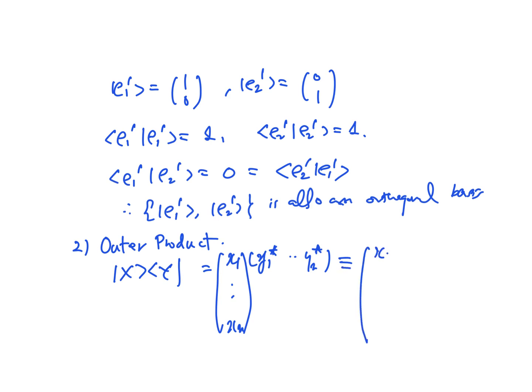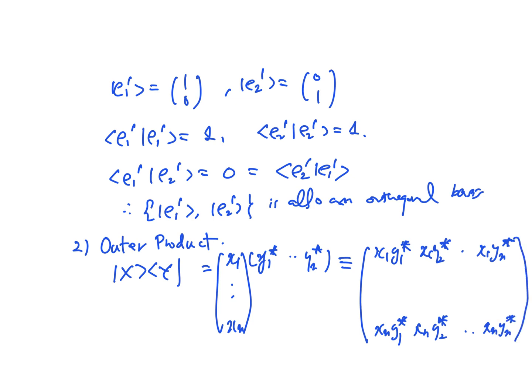Simply this way: x1 y1 complex conjugate, x1 y2 complex conjugate, up to x1 yn, then xn y1 complex conjugate, xn y2 complex conjugate, up to xn yn complex conjugate. And if we interchange the order, there is no relation. So in general, they are different.